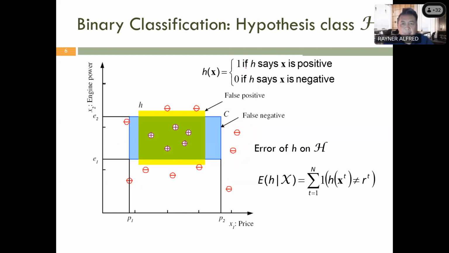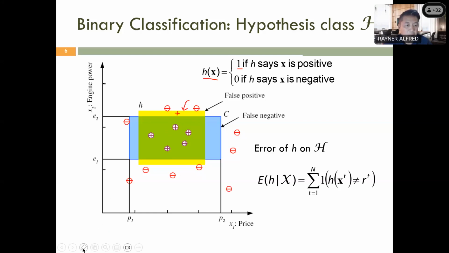The hypothesis says the output is 1 if H says x is positive. So you can see that there is a miss or overestimate here. Let's suppose the hypothesis says here is positive, but actually it is outside the blue box.